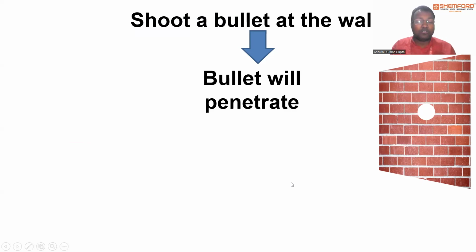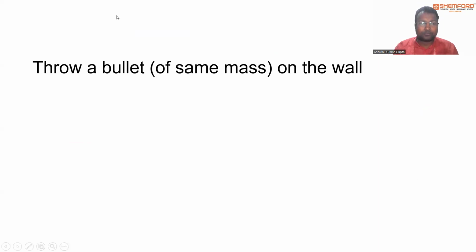So what we can conclude over here, if we have shot a bullet at the wall, the bullet will penetrate. Now, throw a bullet of the same mass on the wall. See, in the first case, when we fired, the bullet was injected into the wall. Now throw a bullet of the same mass on the wall. अब आपने बुलेट को हाथ में लिया और आपने दीवार पे दे मारा। ऐसी अवस्था में क्या होगा भाई?